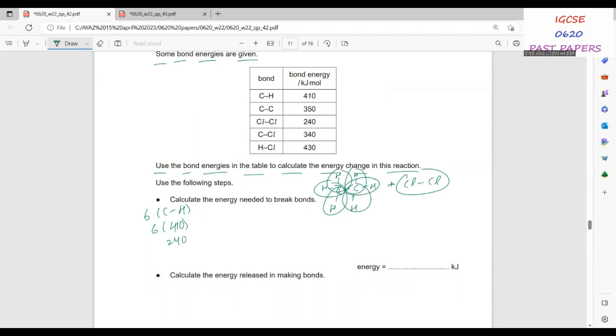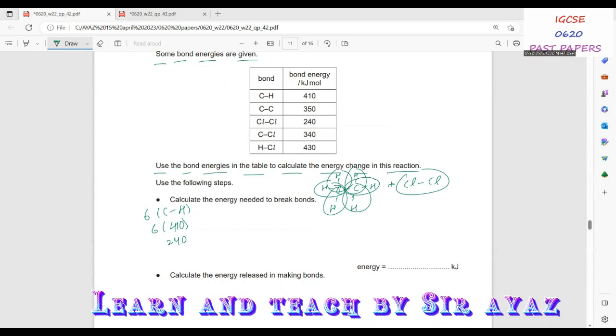What you will get? 6 multiplied by 410 is 2460.